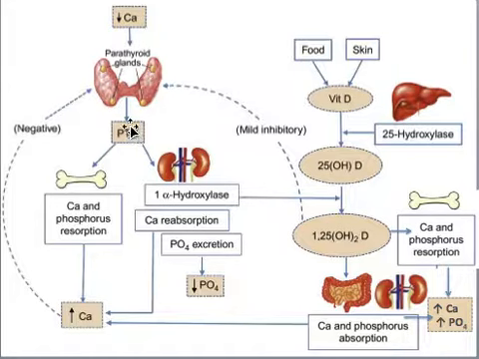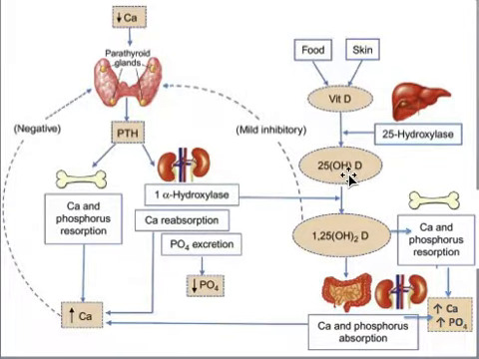Your PTH also activates your 1-alpha hydroxylase in the kidney, activating your vitamin D, and your PTH also increases calcium reabsorption and phosphate excretion. So the end result of your PTH will be an increase in calcium and a decrease in phosphate.